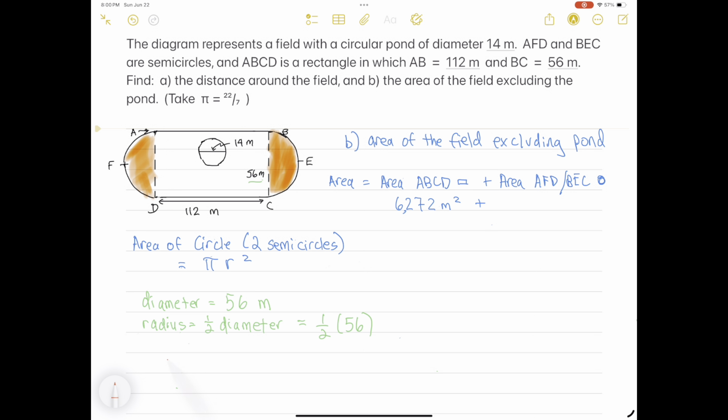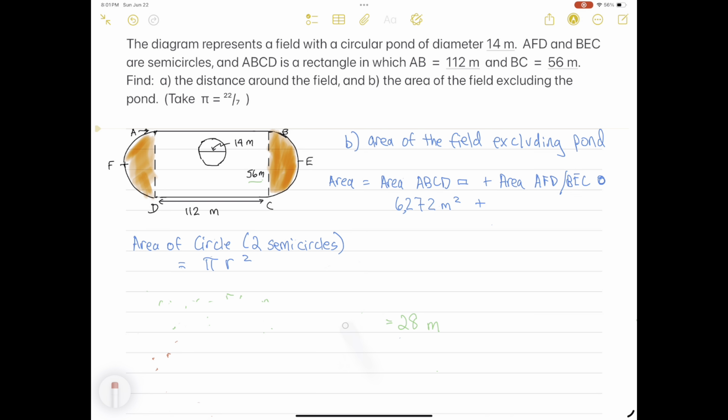1/2 times 56 is 56 divided by 2. And I do that calculation on the side. 56 divided by 2 equals 28. So the radius is 28 meters, which I use to plug into the formula pi r square.